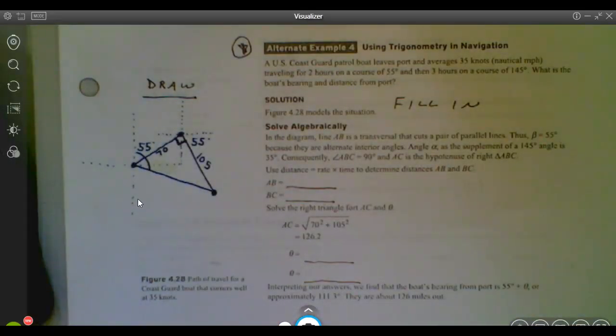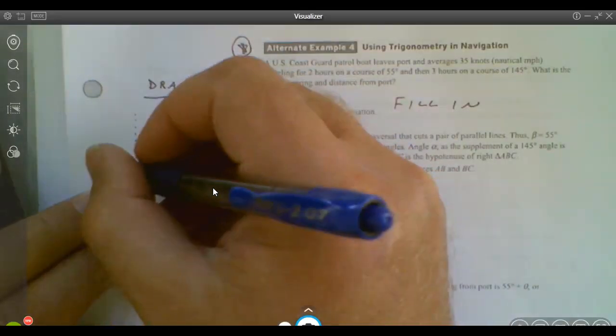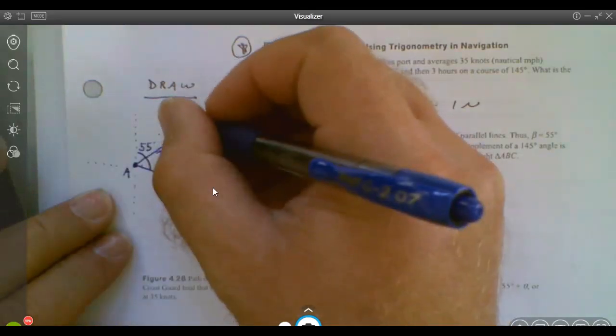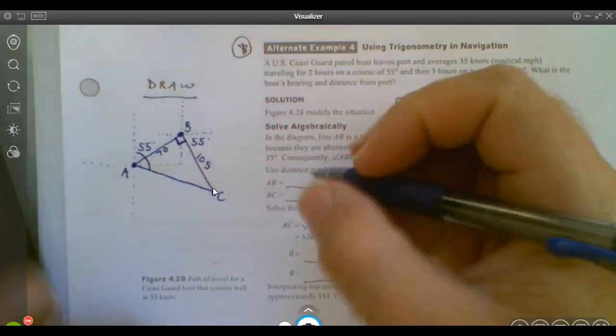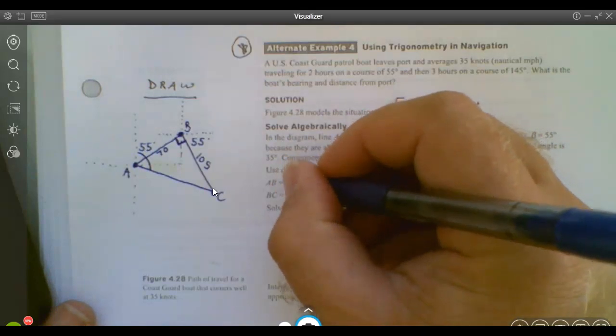So we do have a right triangle, which makes life a whole lot easier on us. So let's just fill in a couple things for what they gave us here. So AB, so they're calling this AB, is 70. We're going to get from B to C is our 105. So let me label the way they labeled. So we figured out our 70.